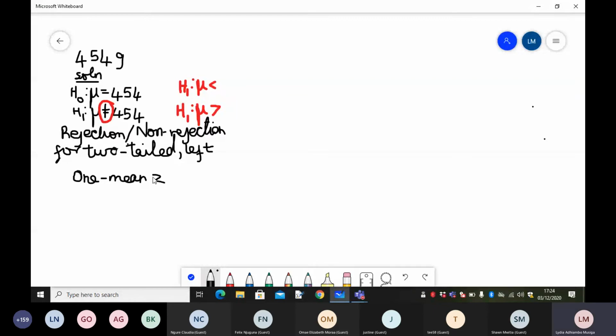Z test, of course, when you see Z, you know that we shall use the standard normal. We want to perform the one mean Z test.